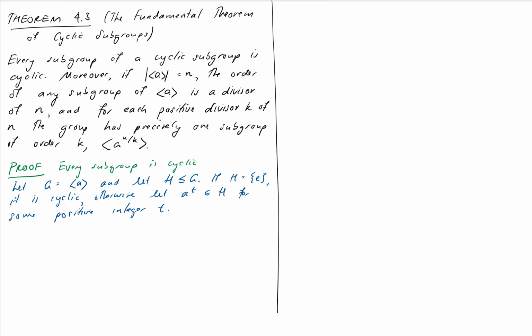Therefore, if our subset of this is not just the identity, then it's going to have some positive power of a. Right, now H is a subgroup, so that means a^(-t) is also going to be in H. So by closure, a^(-t) is a member of H also.